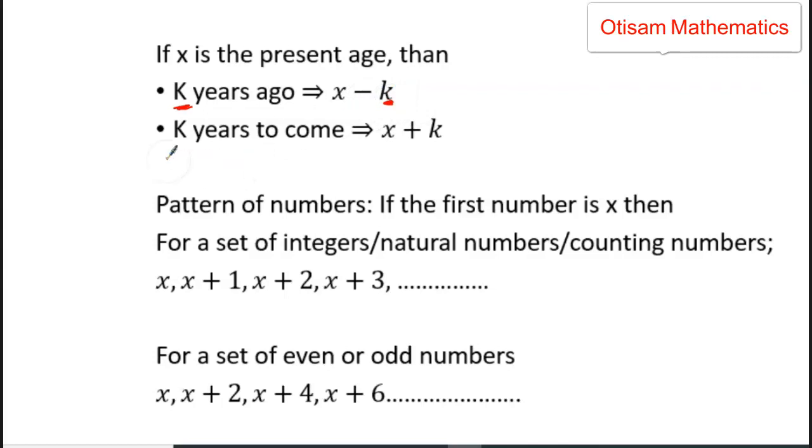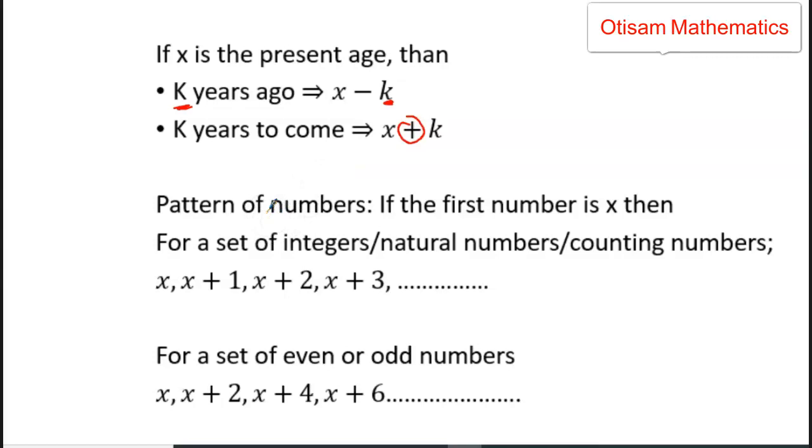And then there are times that you can have K years to come. K years to come is plus. So the present age plus the number of years to come. That's for this aspect of our statement.